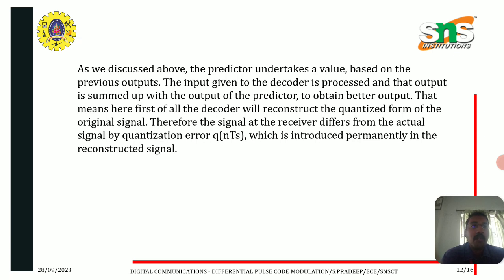The input given to the decoder is processed and that output is summed with the output of the predictor to obtain a better output. That means first of all the decoder will reconstruct the quantized form of the original signal. Therefore, the signal at the receiver differs from the actual signal by the quantization error, which is introduced permanently in the reconstructed signal.